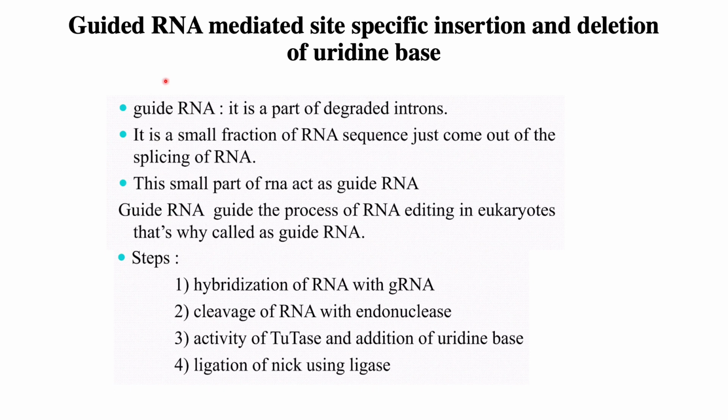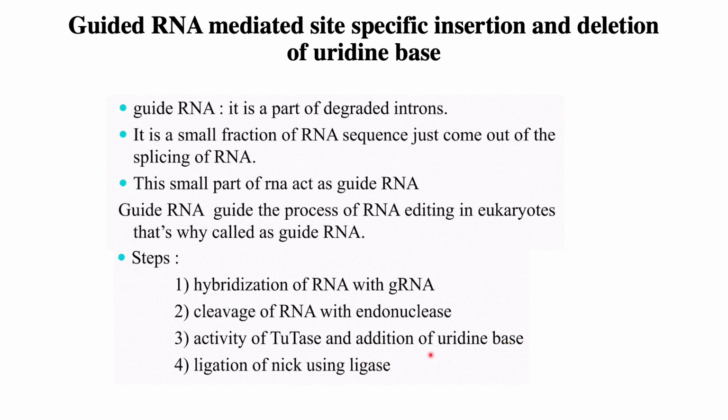In this guide RNA mediated site specific modification there are 4 major steps. The first is the hybridization of the guide RNA with the RNA molecule. This leads to the cleavage of the RNA with endonuclease enzymes. Then the activity of TUTase, which is an enzyme, leads to the addition of the uridine base at the site where the RNA molecule was cleaved.